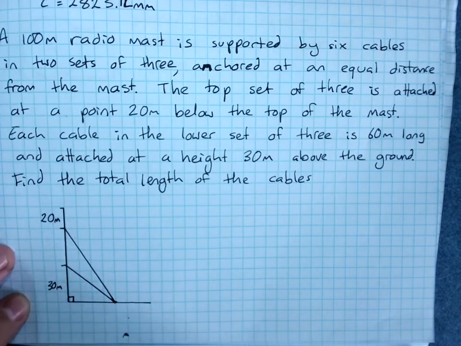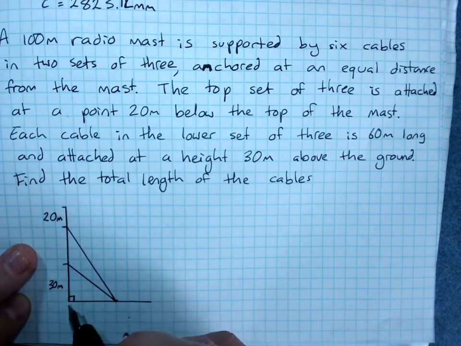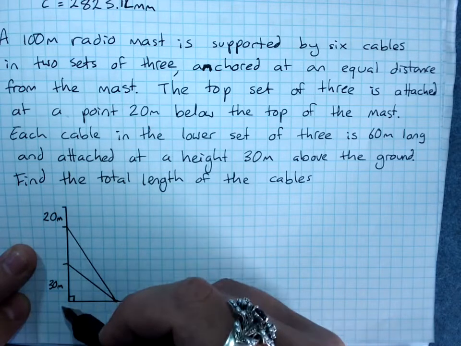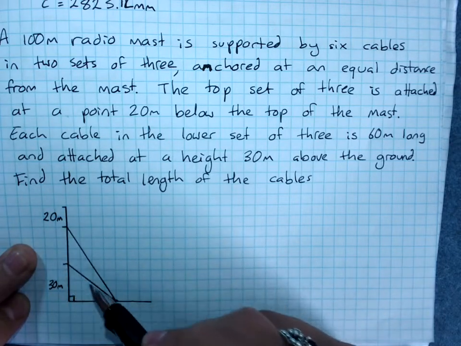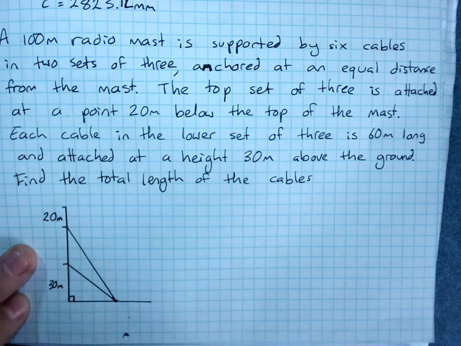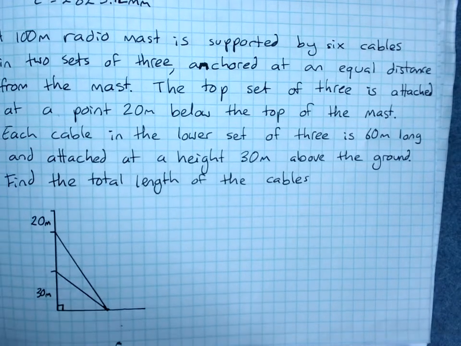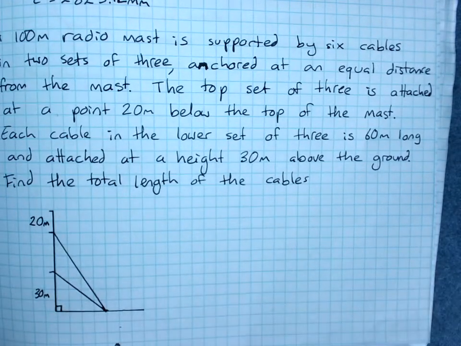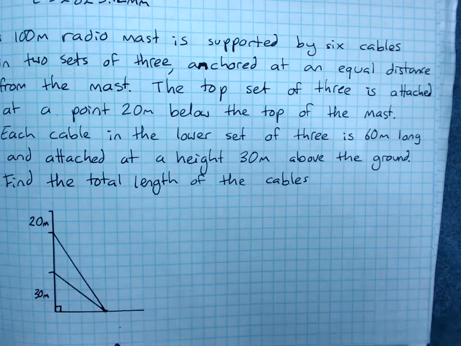This gives me 2 right-angled triangles. This one here and this one here. This triangle is no use to me at all. It's not right-angled. I strongly recommend redrawing the triangles.